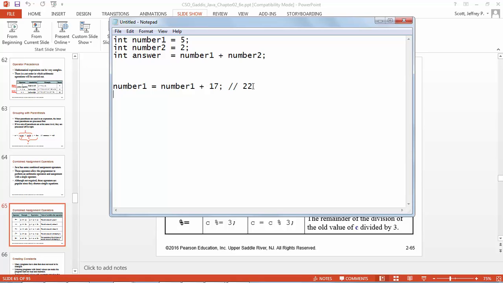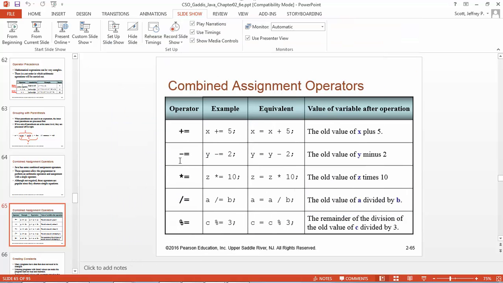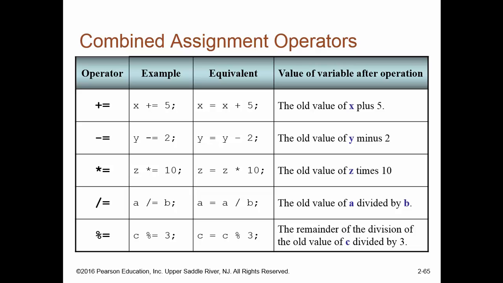I can say number1 plus equals 17. So those two statements are the exact same thing. It's just that the second one involves a little bit less typing. It's called a combined assignment operator. And you can use plus equals, minus equals, times equals, divide equals, and modulo equals. All of them will work.